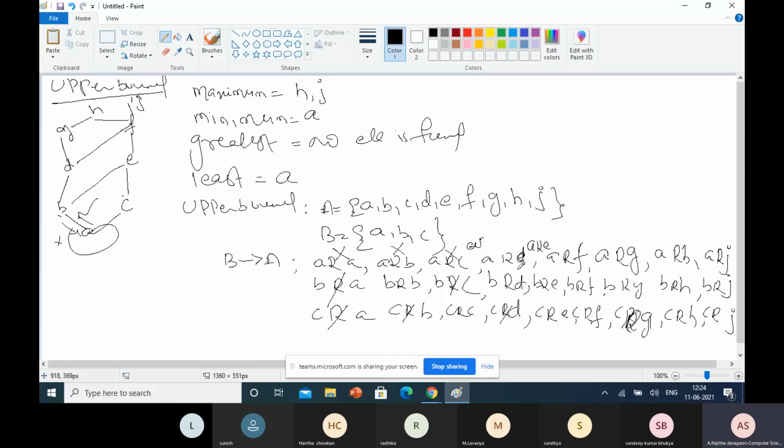With E, A relates to E, B relates to E. And F and G. Next H, next J. That means the upper bounds of A, B, C: the upper bounds are D, E, the same, that is E.